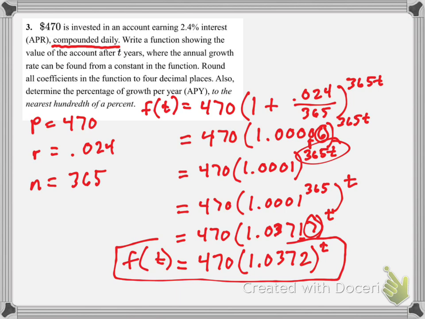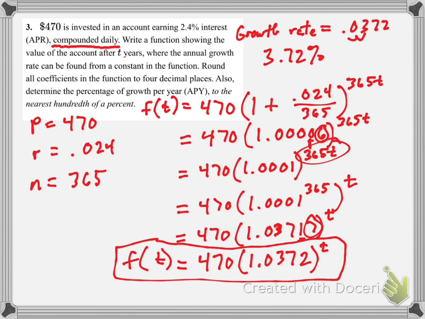So there's our function. Okay, so our growth rate, sorry for the length of the video, guys, is 0.0372. Move your decimal 2 to the right. So our growth rate was 3.72%. Okay.